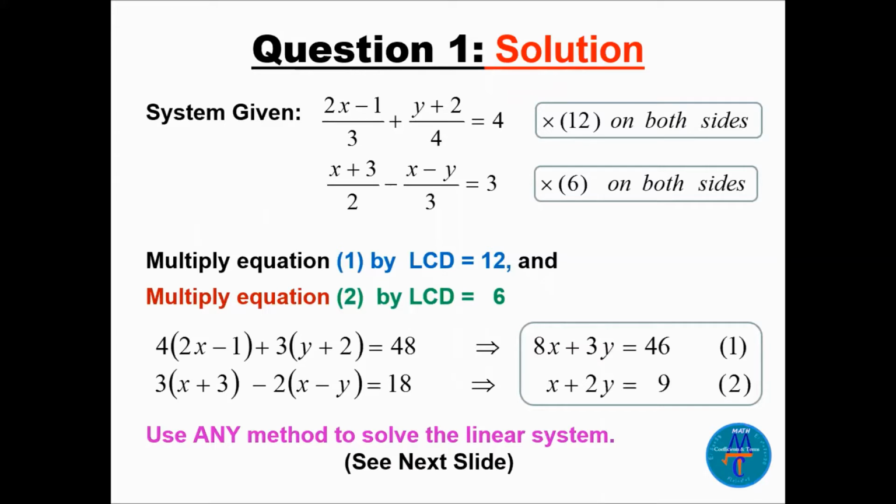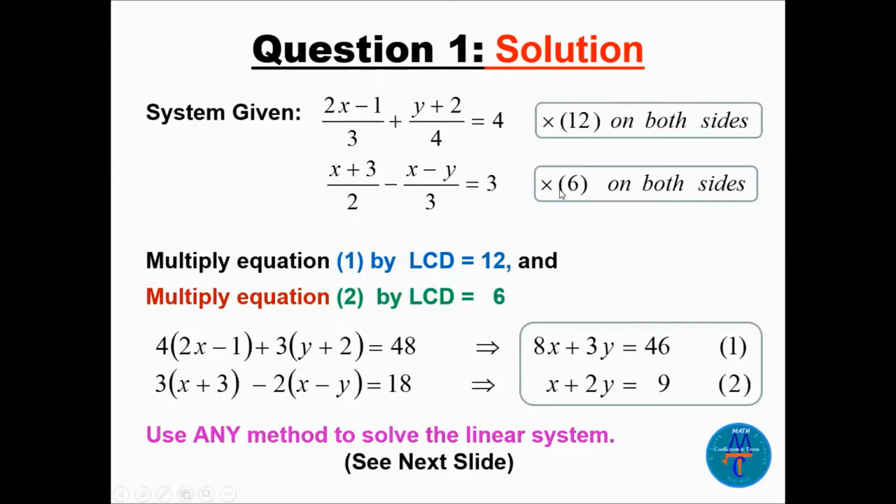So 12 multiplied by the first term here, 12 divided by 3 will be 4. So I can write here 4 bracket 2x minus 1. Do not forget the brackets. 12 divided by this 4 is 3 multiplied by y plus 2 in the bracket. 12 multiplied by 4 will be 48.